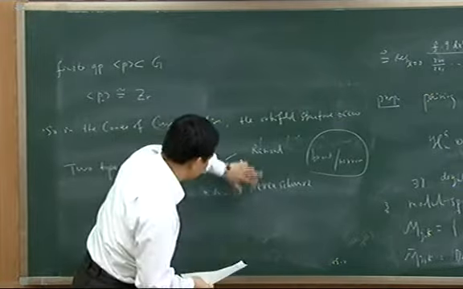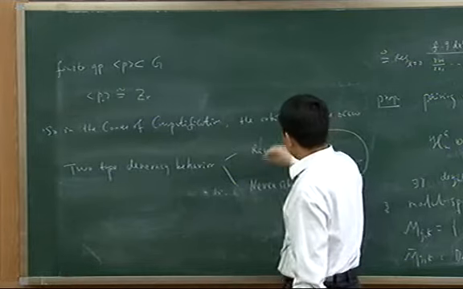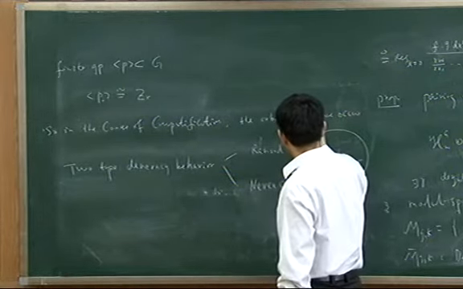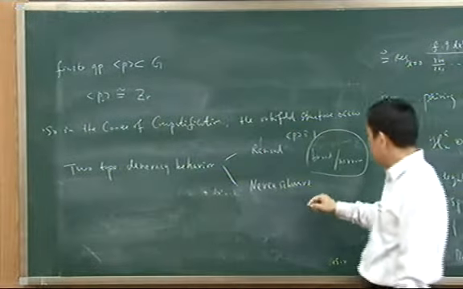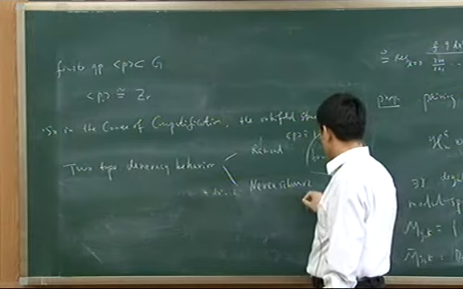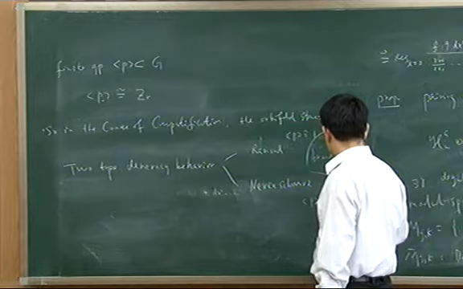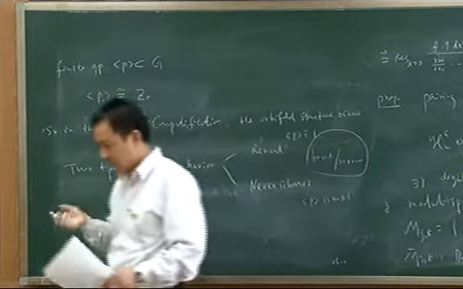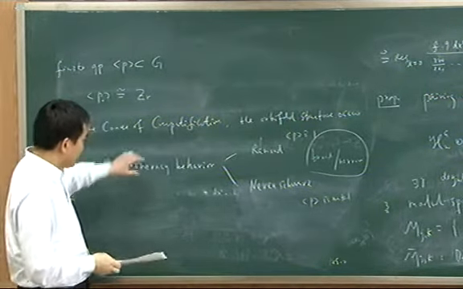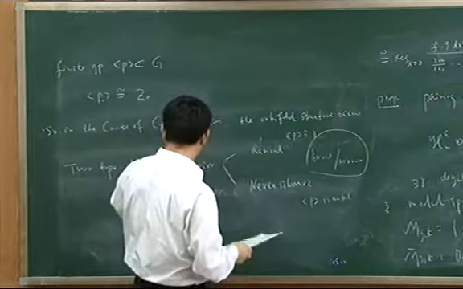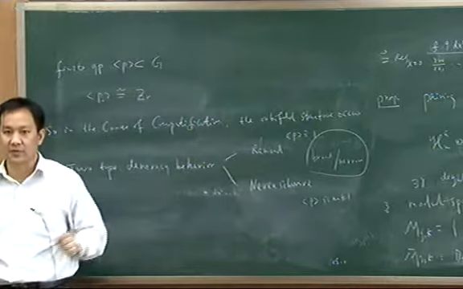But anyway, here we talk about the Ramond and Neveu-Schwarz. So Ramond here means this group is trivial. Neveu-Schwarz means this group is not trivial. That means we have the real monodromy behavior along the circle. So these two types have very different behavior in the construction of the whole theory.